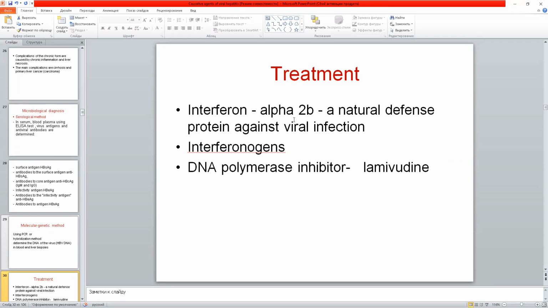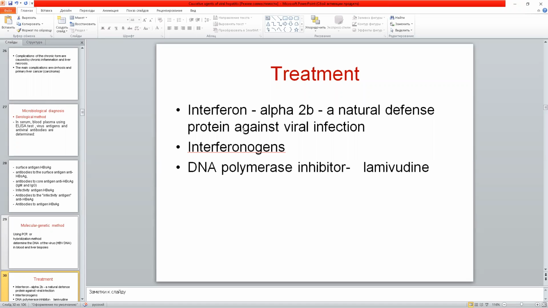So it is produced now by a method of genetic engineering. The gene from the leukocytes of human beings was placed in yeast cells and in bacterial cells, and now we have a strain of bacteria with this gene, and they are able to produce interferon alpha-2b, and it is named recombinant.